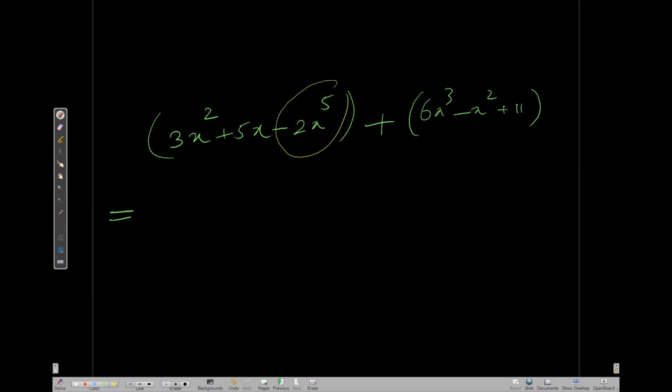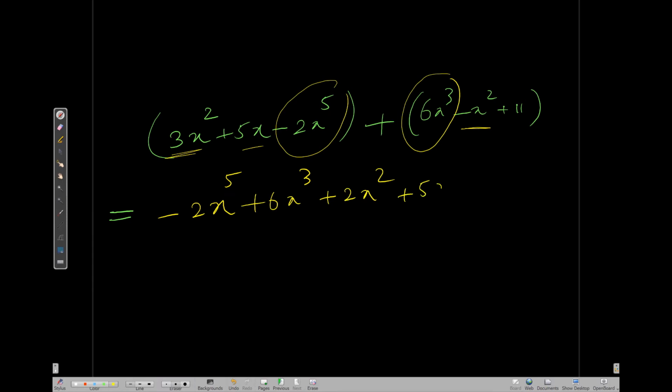This guy, fifth power, and I don't see that in the second term, so you only have that many fifth powers. No fourth power. Third power, there is 1, so 6x cubed, and second power, there are 2 here and here, so 3x squared minus x squared, so that's 2x squared, and x plus 5x plus 11.